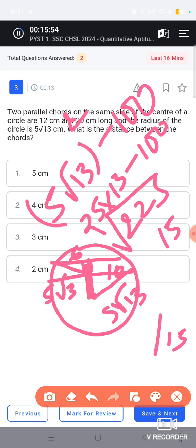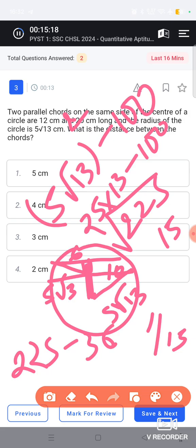Okay, and what is the value of this? Then 225 minus 36. 225 minus 36, just a second, 189.